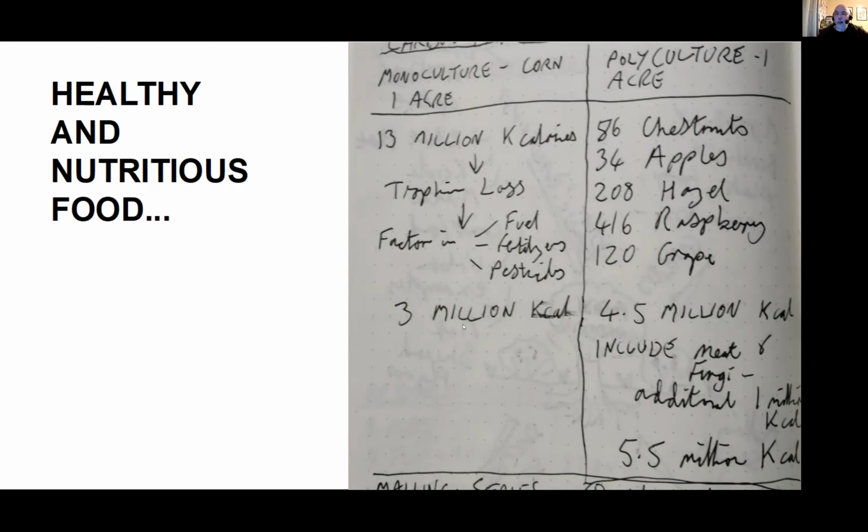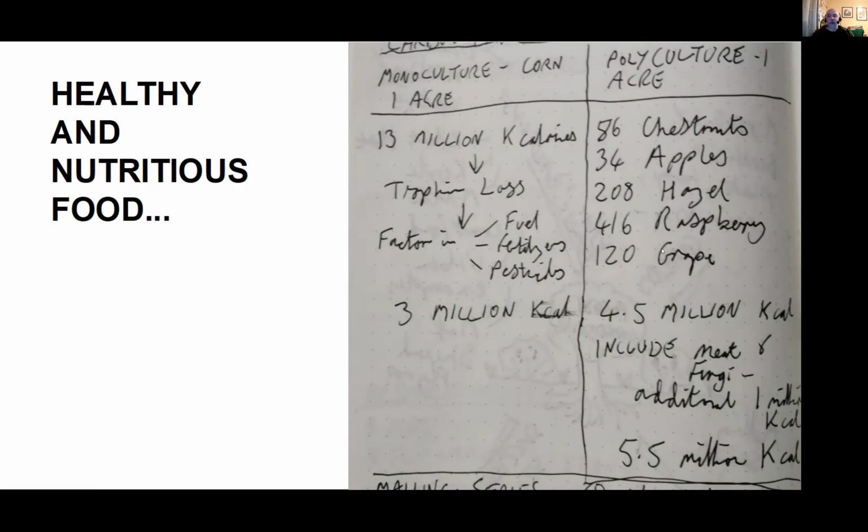And then he compared it to a polyculture, the same acre of land on his site, where he'd planted 86 chestnut trees, 34 apple trees, 208 hazels, 416 raspberries and 120 grapes. The total output is 4.5 million kilocalories. So not as impressive as our initial figure of 13 million, but once you've factored in the trophic loss and the fuel and the fertiliser and the pesticides, it's actually quite a bit up on the 3 million kilocalories.